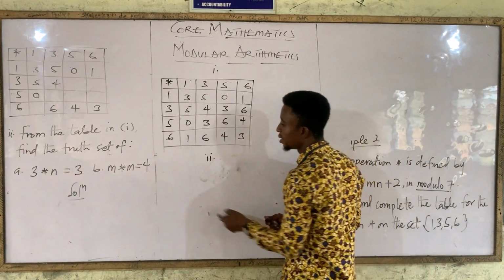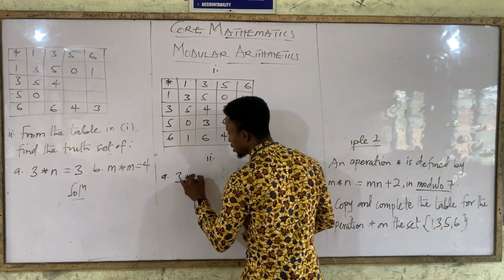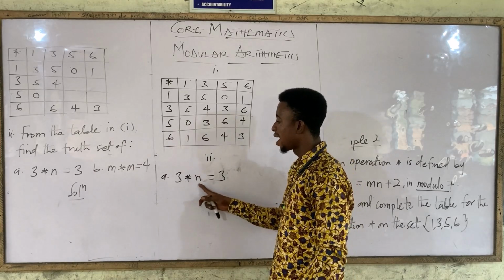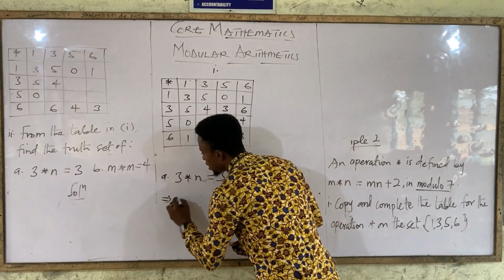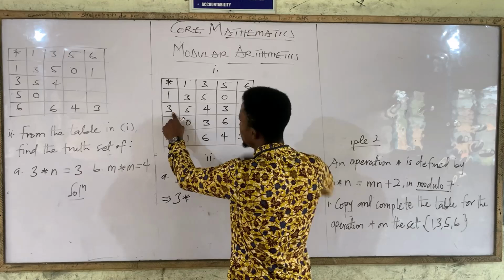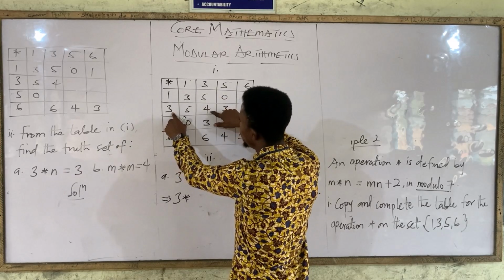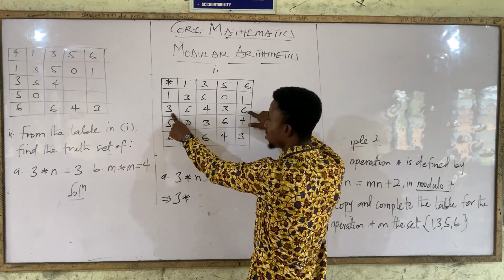They are saying that in IIA, 3 star a certain number should be equal to 3. So 3 star what number is equal to 3? Then we go to the table and check. 3 star 1 is equal to 3? No. 3 star 3? No. 3 star 5 is equal to 3. 3 star 6 is not equal to 3.